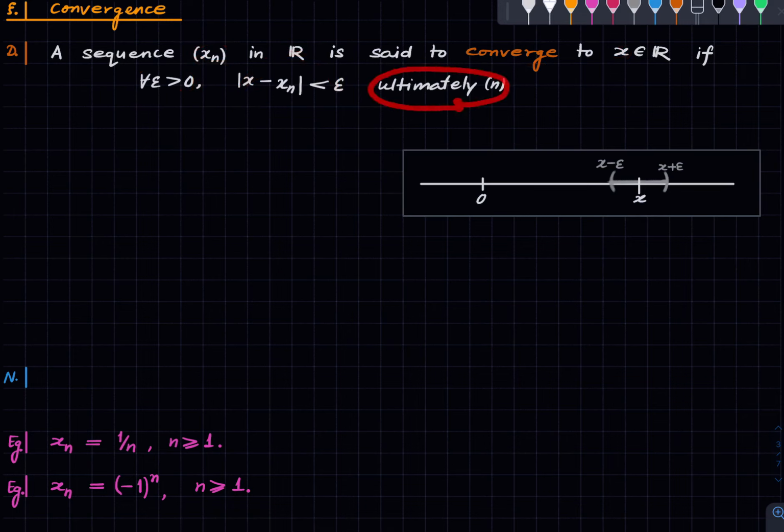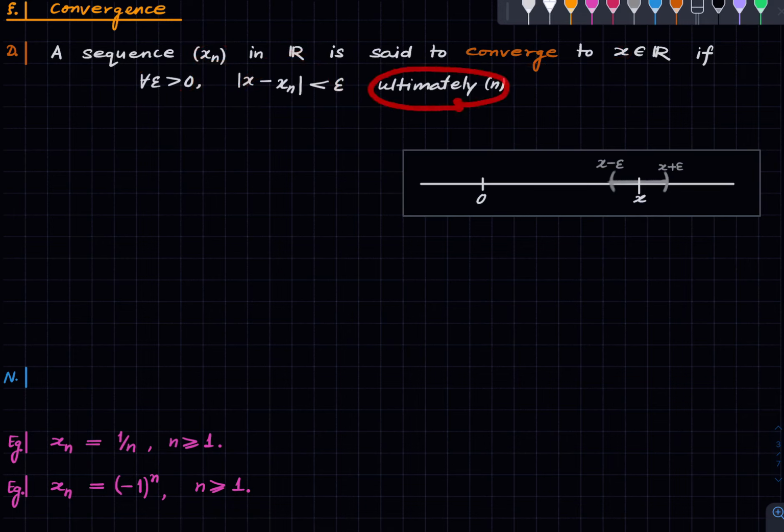So let xn be a sequence, a real sequence, of course. We say xn is convergent if there is a real number x such that xn converges to x.